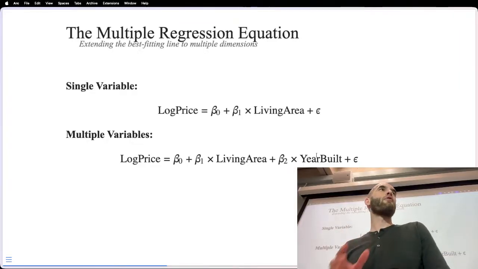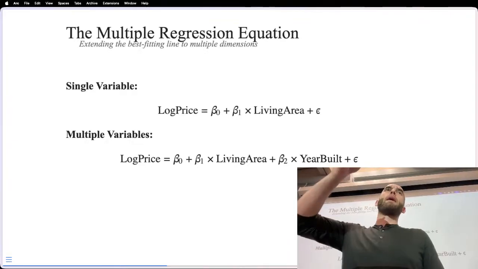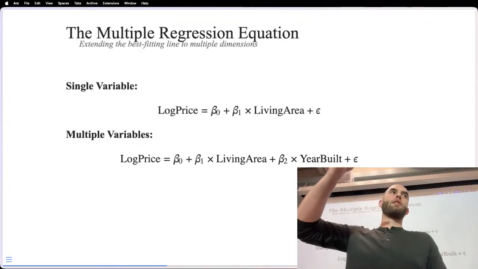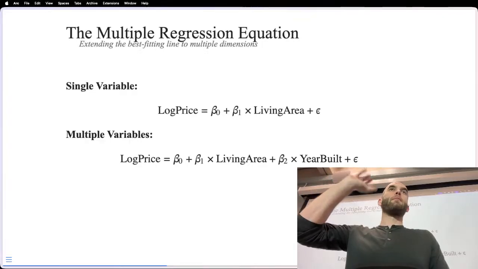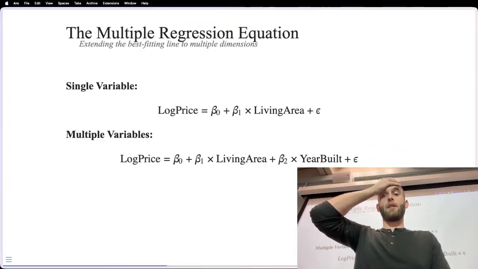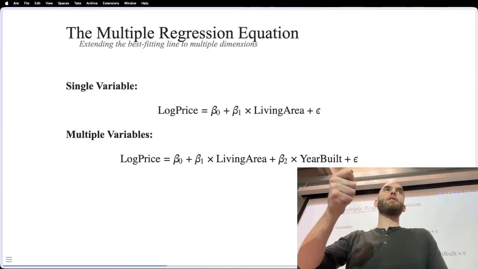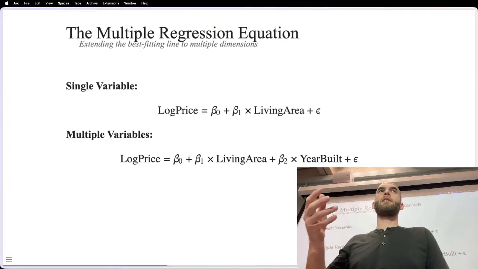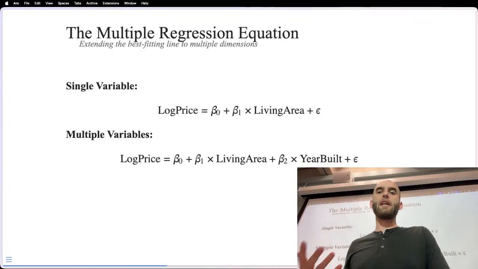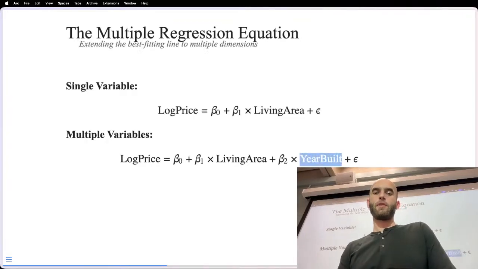This is, in a lot of ways, very similar to the kinds of things we did last class, where we included a binary categorical variable as a control variable, as a predictor. But here, year built is not binary. This is any given year. So this allows us to control for many different levels.